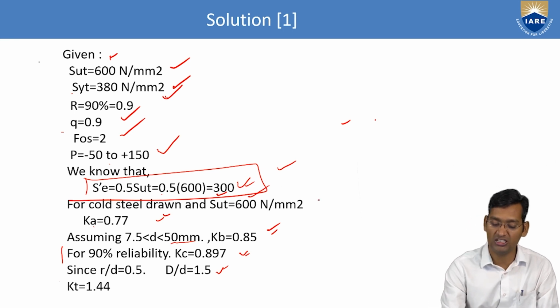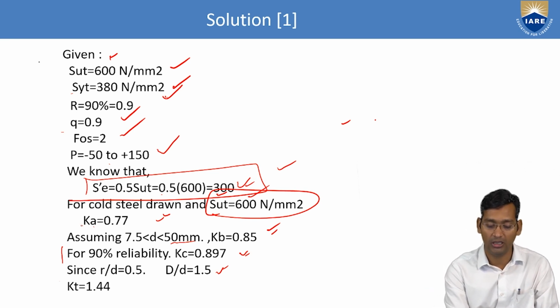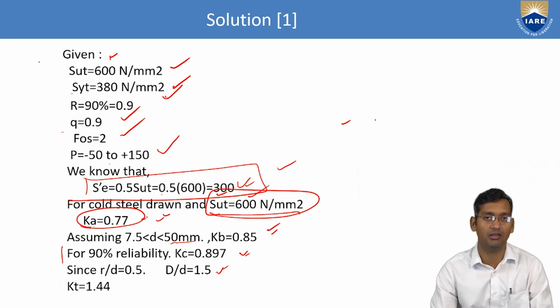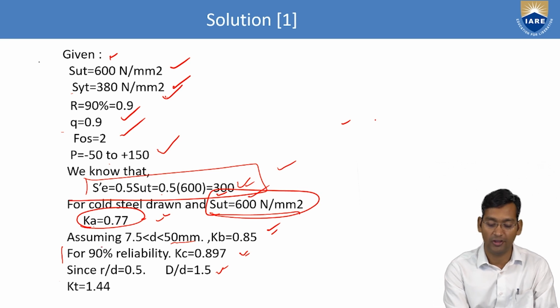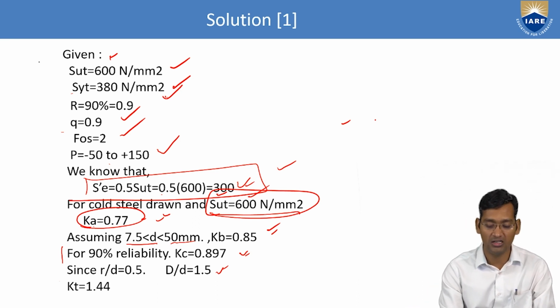For cold drawn steel, SUT is 600 Newton per mm square. So Ka for SUT 600 Newton per mm square will be 0.77, from the chart. Assuming diameter is greater than 7.5 and less than 50 mm, for that range we take the Kb value, which comes to 0.85.